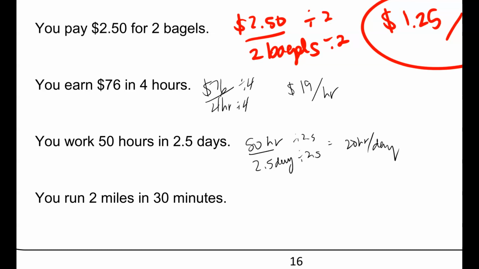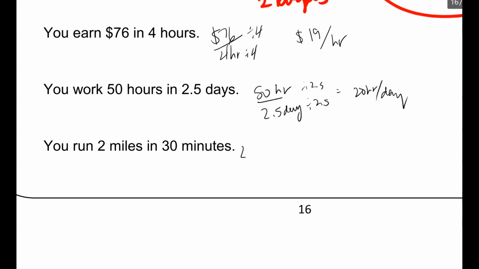All right. You run 2 miles in 30 minutes. So if it takes 30 minutes to run 2 miles, let's think about miles per hour. So we have 2 miles per 30 minutes.